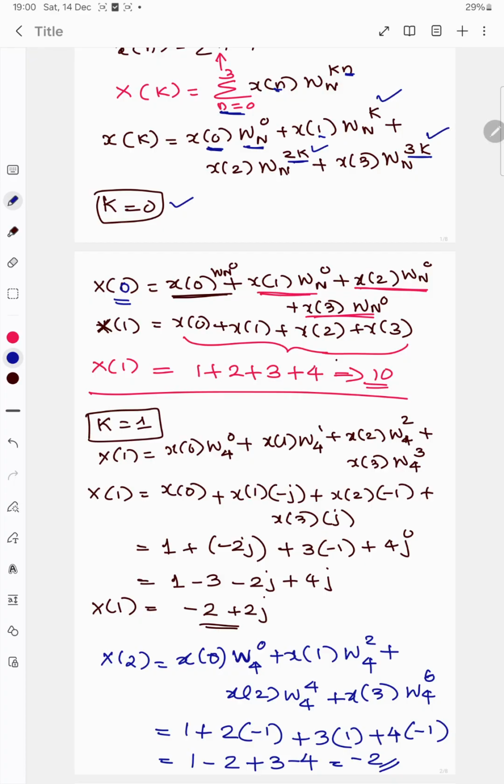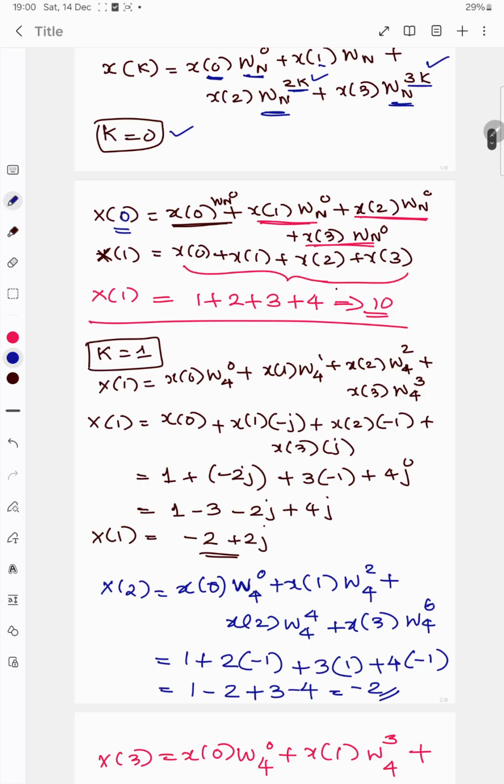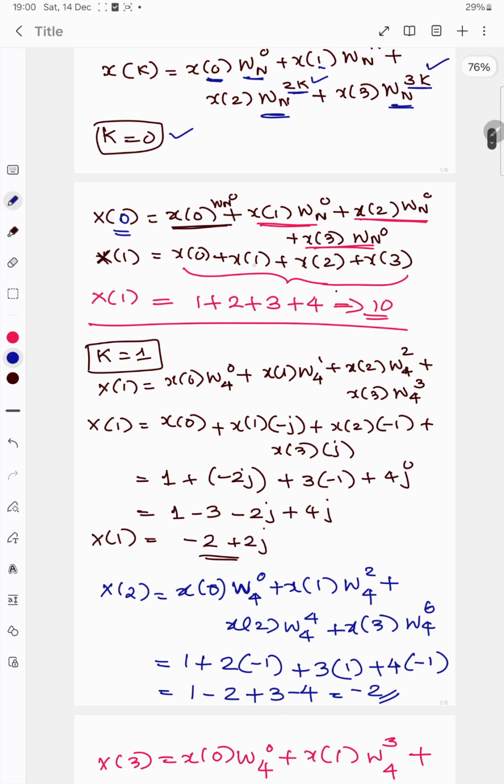When we substitute k equal to 0, that particular term becomes 1, which means all the coefficients of the input values x0, x1, x2, and x3 become 1. Therefore the first value is nothing but the sum of all the input numbers, 1 plus 2 plus 3 plus 4, which is 10. So the first value, which corresponds to X of 0, is equal to 10.